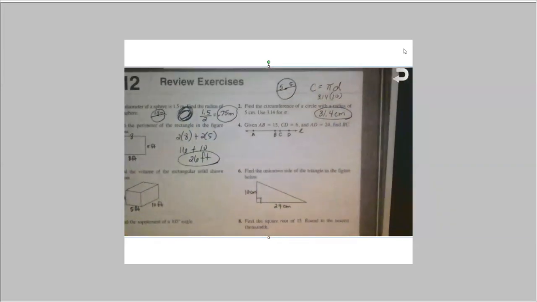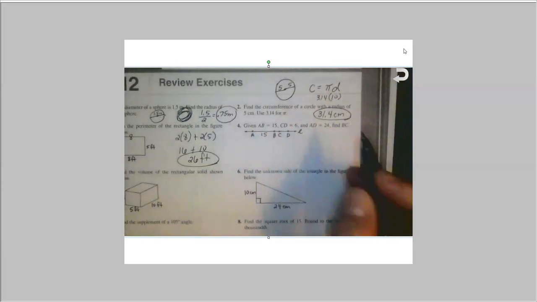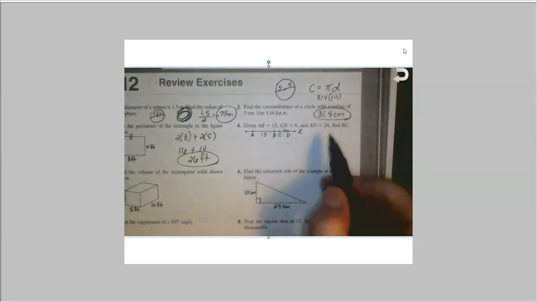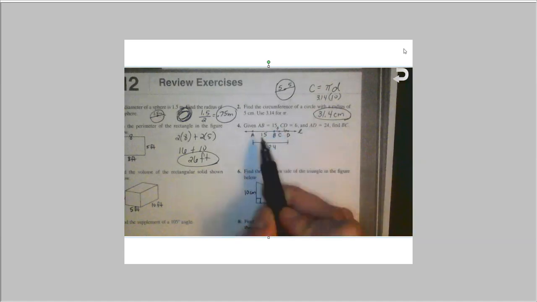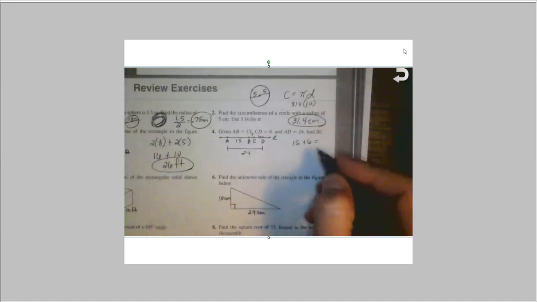Okay, and number 4, I'm given that AB is 15, and the measure of CD is 6, and the measure of AD is 24. So I am asked to find this little section right here. What is BC? So I'm going to add up the parts that I know. 15 plus 6 is 24.